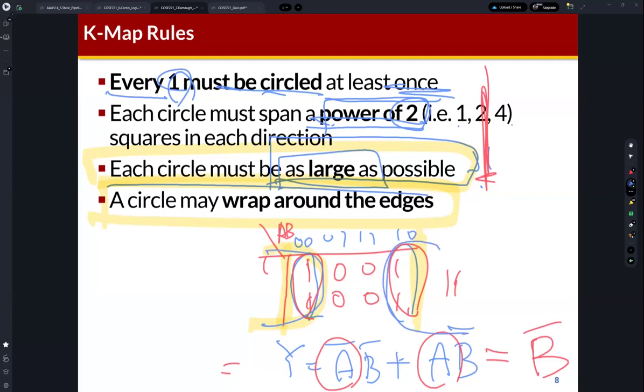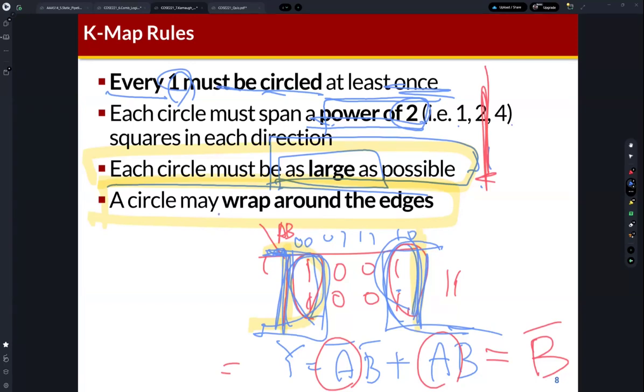Actually in a 2D plane, this column is separate from this column, but we need to think that this edge is connected to this edge. Which means you have to make the largest rectangle or largest circle, and the circle needs to include this one and this one.